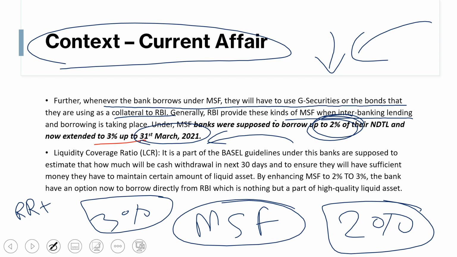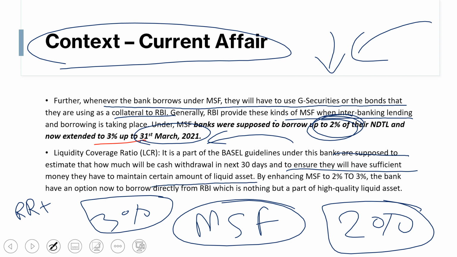And the liquidity coverage ratio comes under the Basel guidelines. Banks are supposed to estimate how much cash withdrawal will happen in the next 30 days, and ensure they have sufficient money with them, so that they maintain an amount of liquid assets.